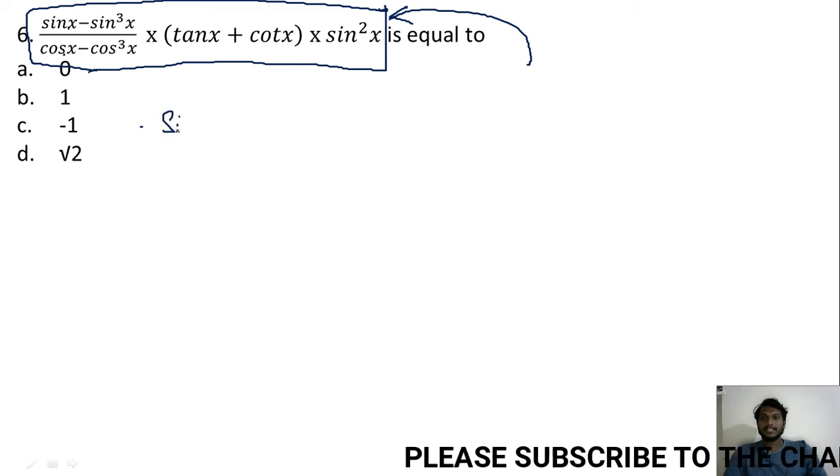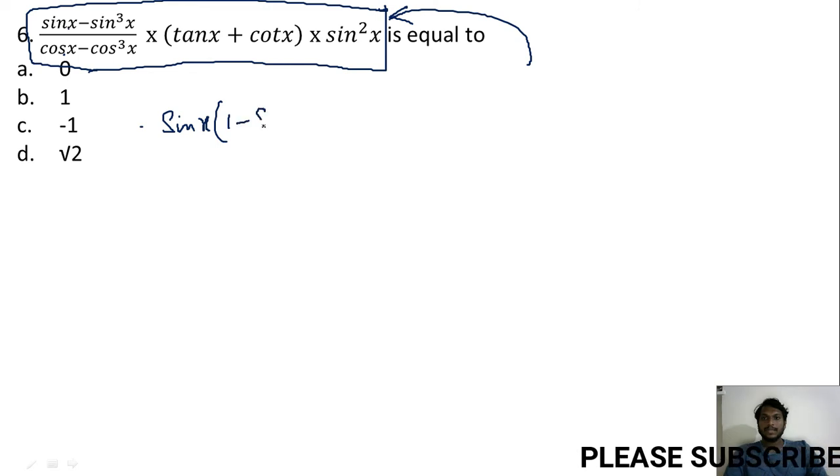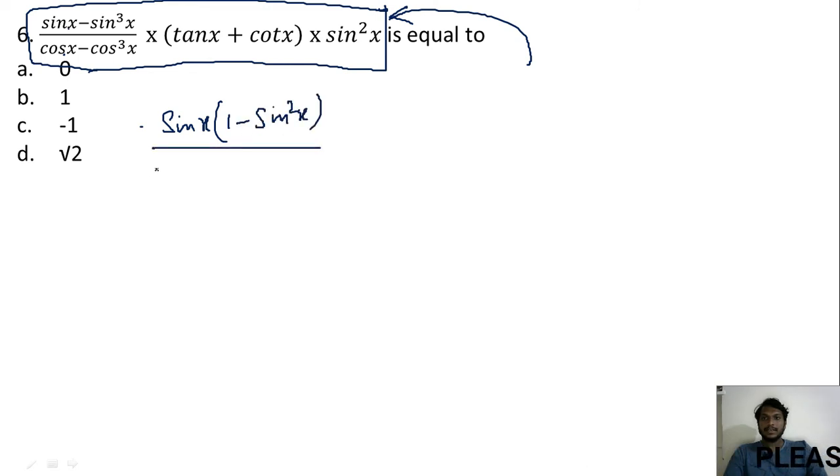We can write this equation as sin x into 1 minus sin square x by cos x into 1 minus cos square x, into tan x plus cot x.